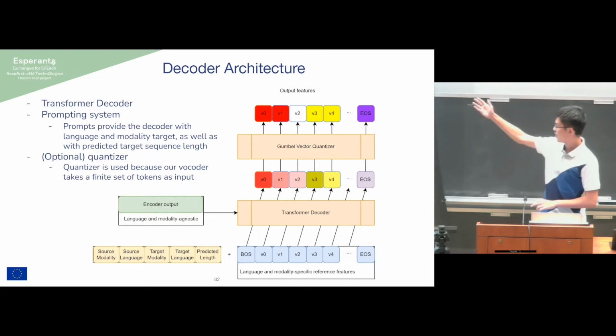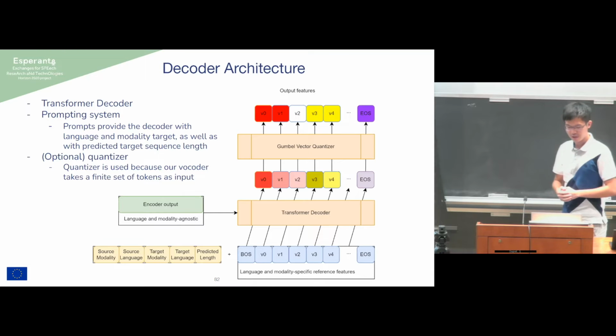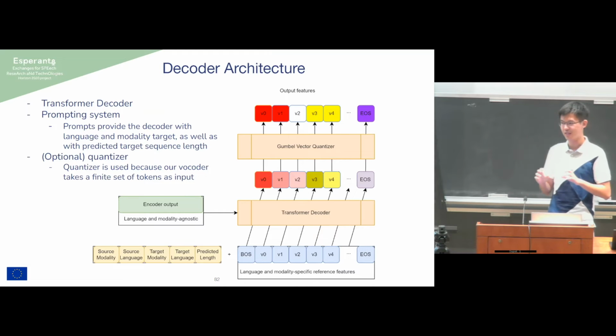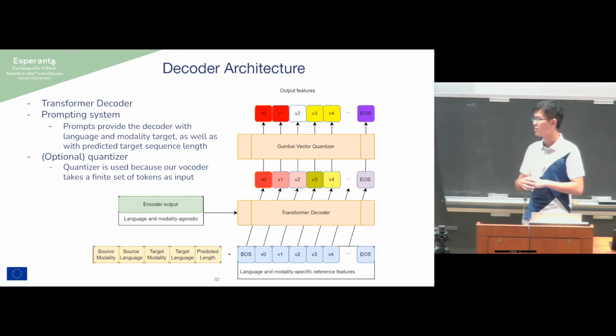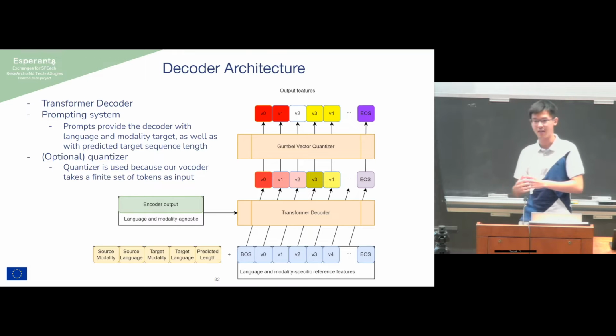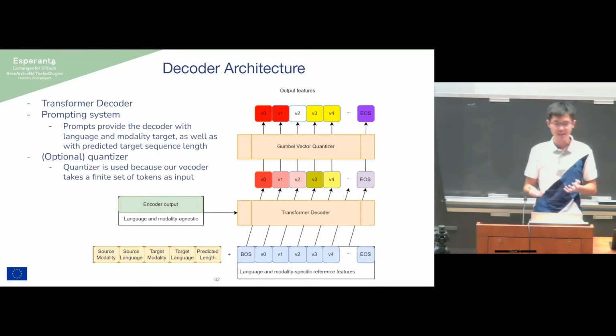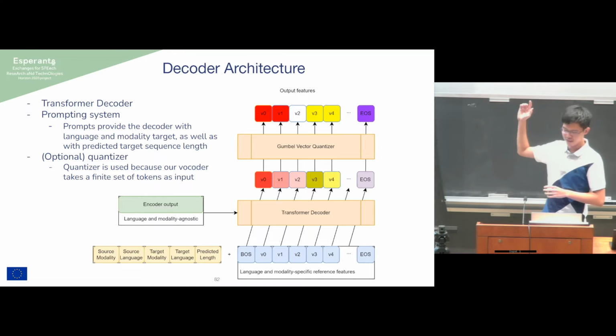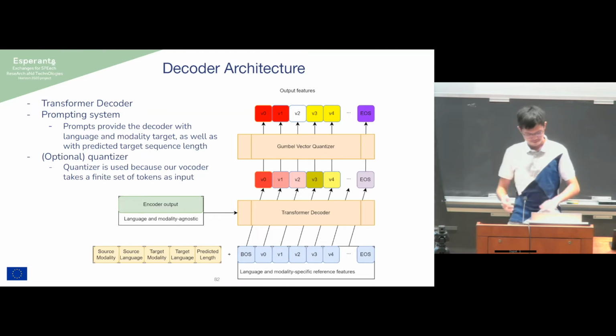The quantization layer is, as I said, optional, and it is used because our vocoder takes a finite discrete set of tokens as input. While we could discretize our output after the fact with methods such as k-means clustering, we find that having the decoder learn it gives us performance benefits.